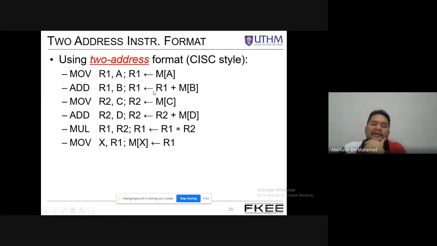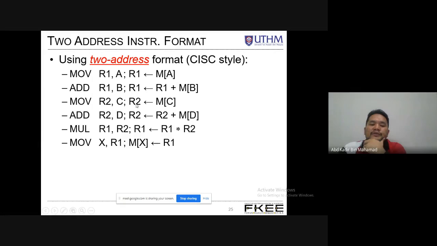So for two address format, you need to move A to R1, then addition with B to R1, because at R1 now they have a value A. After the addition operation, the new value at R1 will be stored here.